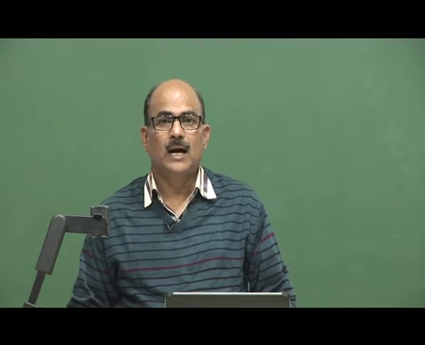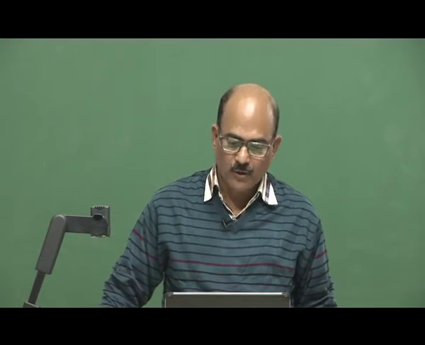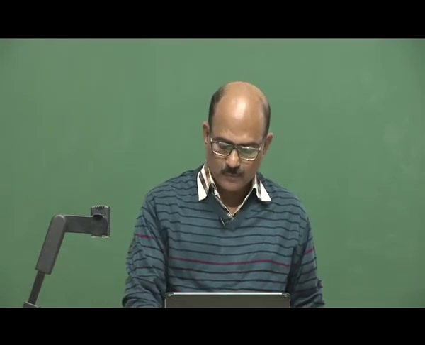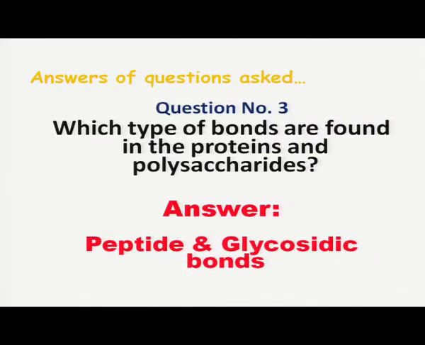And in protein there are 20 amino acids, these 20 amino acids are linked together with the help of carboxyl group and amino group and form peptide bond. So, your answer is correct, that is, in protein peptide bonds are there and in polysaccharide there is glycosidic bond.